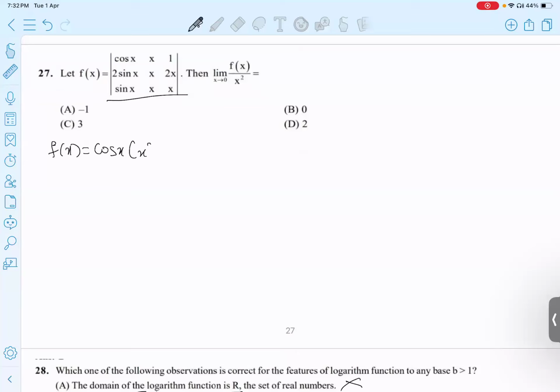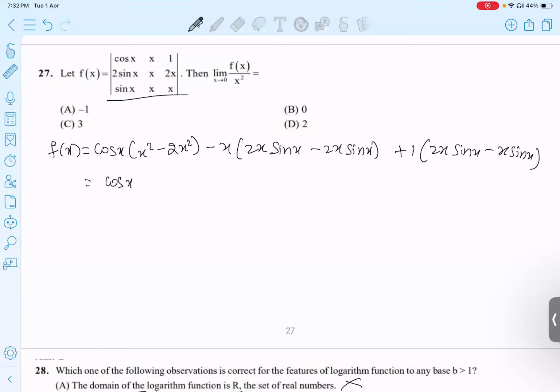x into x square minus 2x square, minus x into 2x sin x minus 2x sin x, plus 1 into 2x sin x minus x sin x. Okay, so this is cos x of minus x square, minus x into 0. This term is not there. Plus 2x sin x minus x sin x gives you plus x sin x.